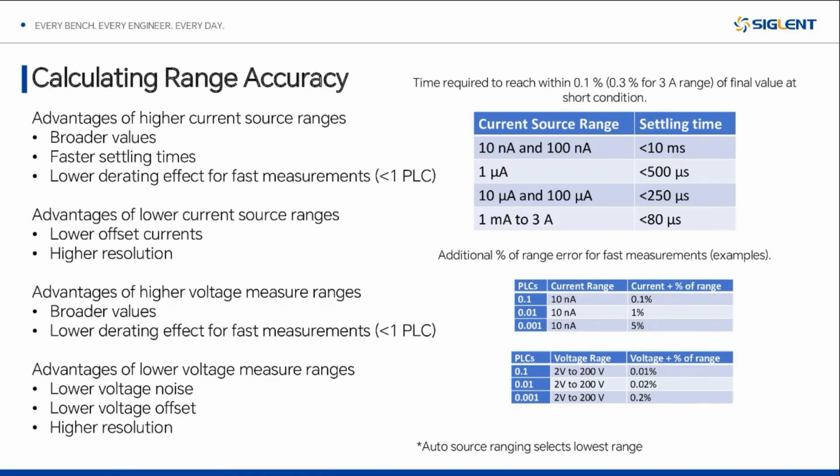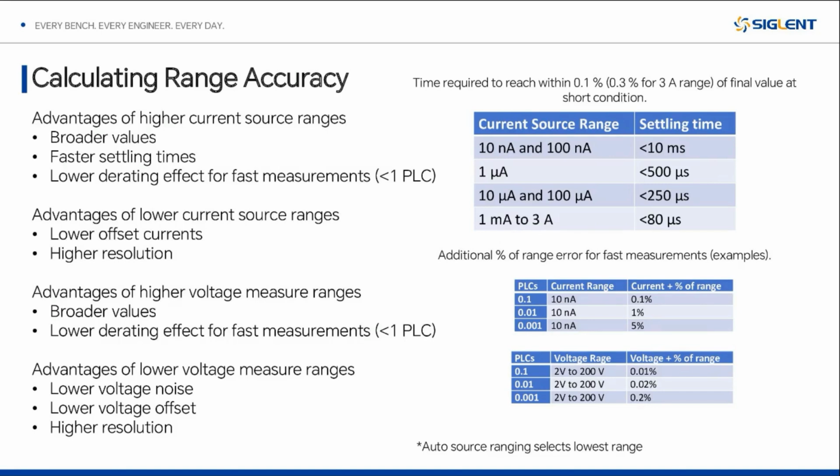Well, you have really both, whether you're talking about a current source or a voltage source. In this context, we'll talk about current source for a second. But either way, you have the ability to adjust the ranging manually or automatically on the source side and on the measure side. And so what are the advantages and disadvantages? Why might you want to look carefully at what you're doing here? Well, one advantage to having a higher source range, obviously, is broader values.